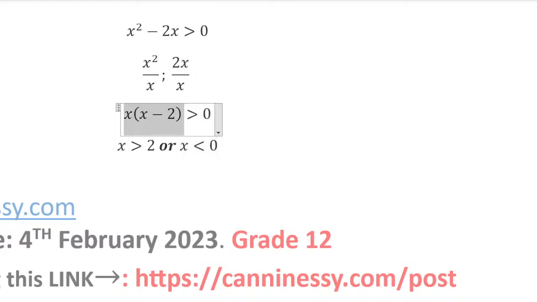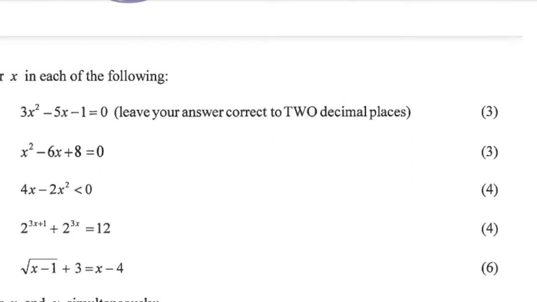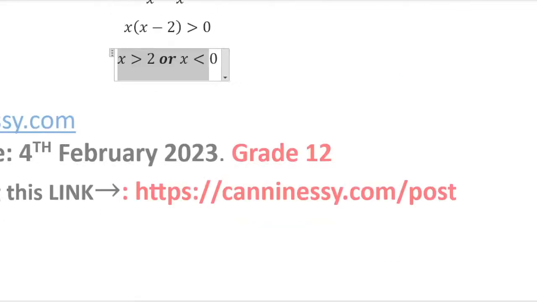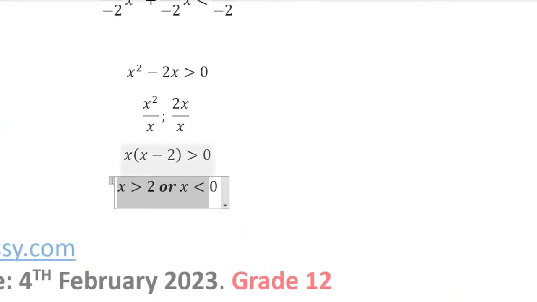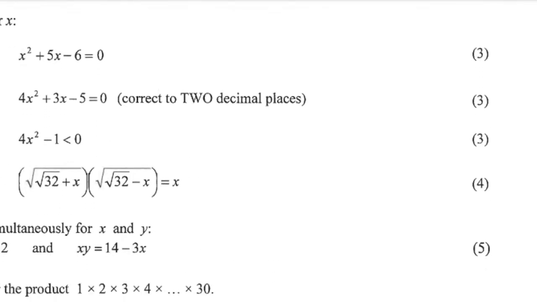You get a mark for the factors and a mark for the two possible values of x. Okay, it's 4 marks. You get a mark for changing the inequality sign, a mark for the factors, and a mark for these two possible values of x. So let's continue. Now let's solve for x again here.